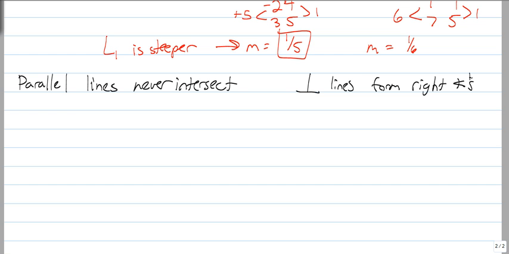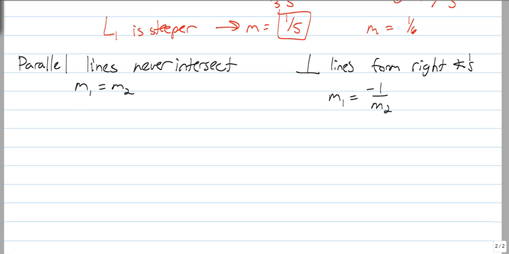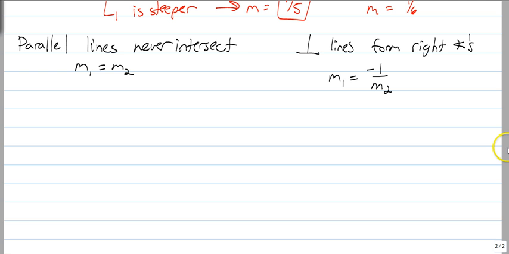So for parallel lines, think about it. If they never touch, that means they have to be rising at the same rate. So the slopes will be equal. So m1 equals m2 for parallel lines. For perpendicular lines, slopes are opposite reciprocals of each other. So one slope is the opposite reciprocal of the second slope. You just flip it and change the sign to get the other slope.